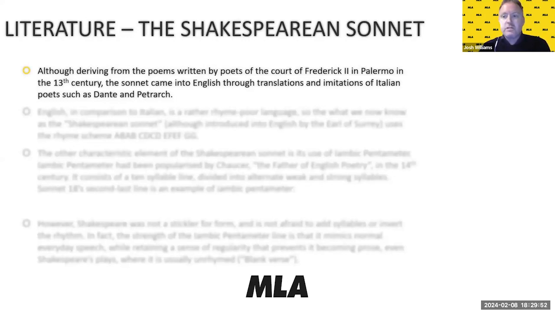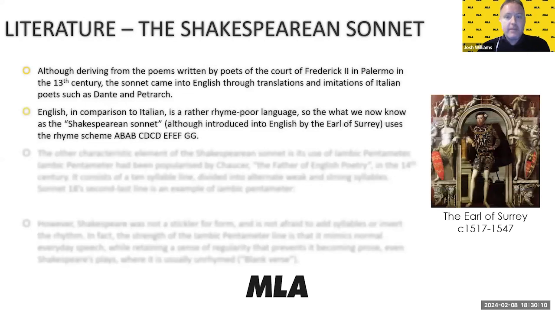So this is another case, a little bit like Chaucer, in which you can connect Italian literature to English literature. I would have to say that Italian literature, as well as French, are probably the main influences on English literature. In comparison to Italian, English is a little bit of a rhyme-poor language.